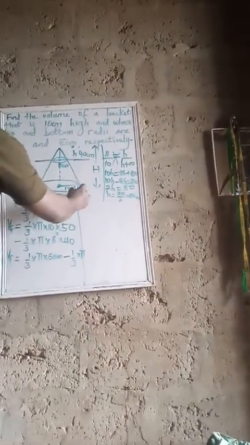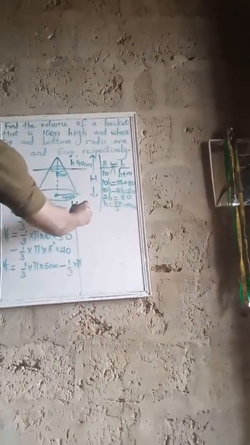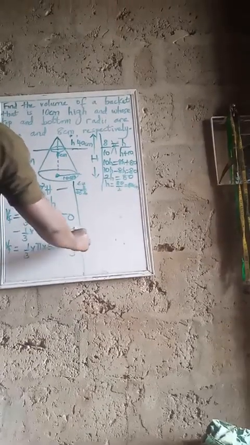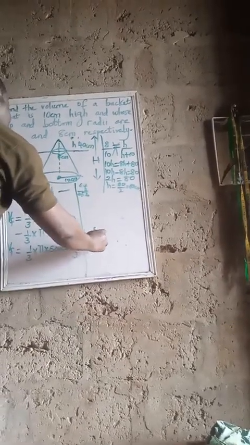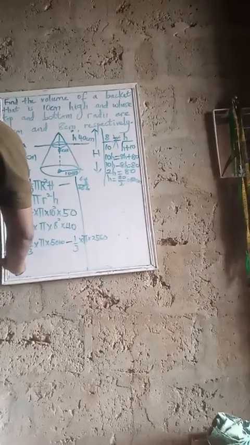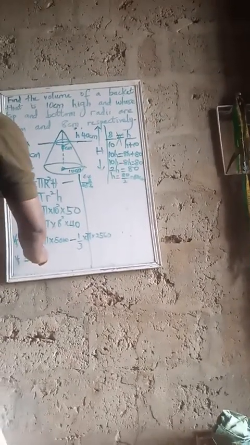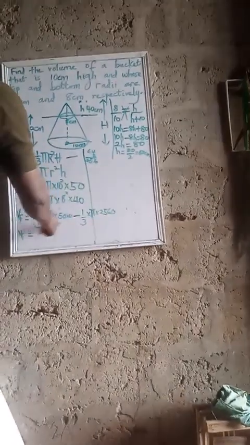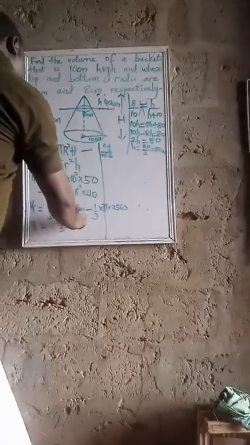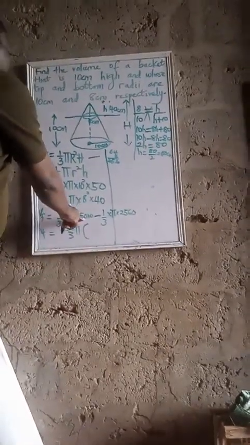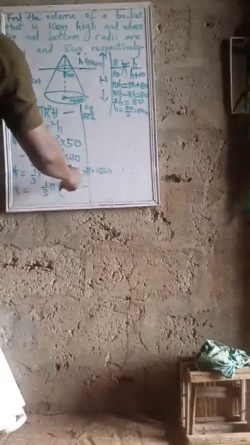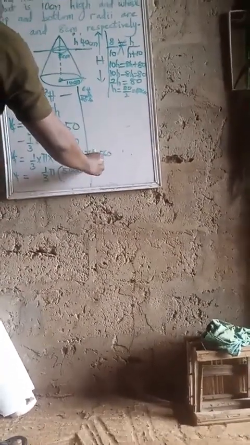So 64 times 40 is 2,560. Now the volume of the frustum is equal to 1/3 pi, which is common to both terms, so I want to factorize it out. So 1/3 pi, open brackets, 5,000 minus 2,560.